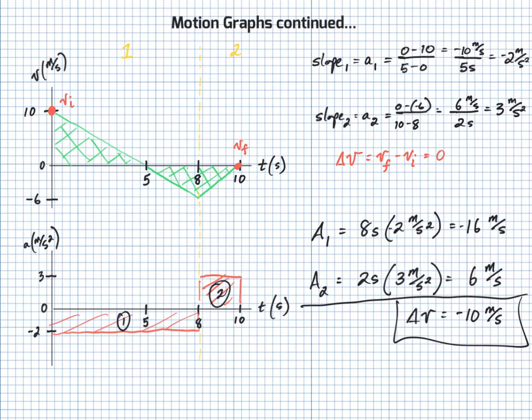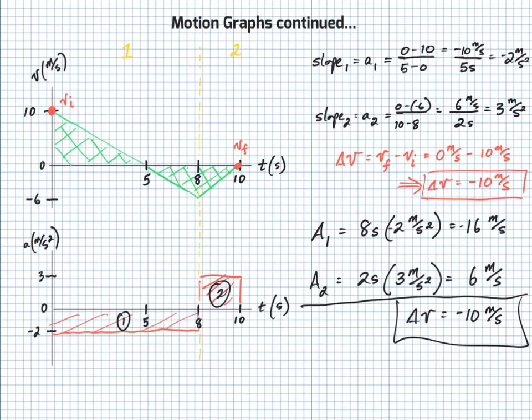Our v final is 0 meters per second, and our v initial is 10 meters per second. Therefore, our change in velocity is negative 10 meters per second. So you can see that our area under the curve value from our acceleration versus time graph matches up with our change in velocity value from our velocity versus time graph.